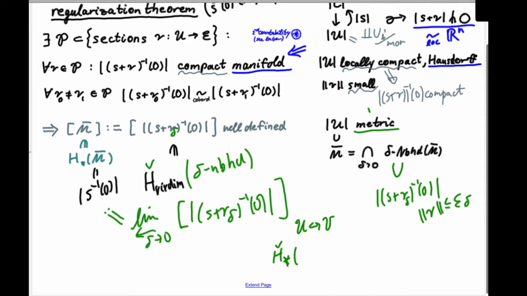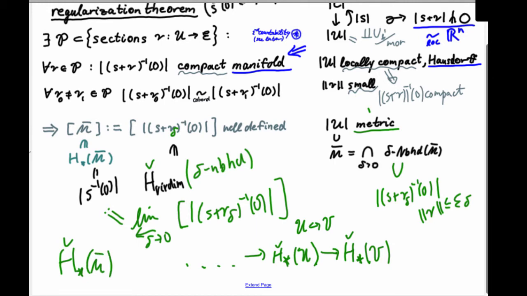I want to say every cycle that sits in U then also sits in V. I don't know that even this is injective, but I have natural maps. And so what I have here is a whole lot of natural maps that the Čech homology of my moduli space all sits in, and I have cycles in each of them. Let me call this Z sub delta.